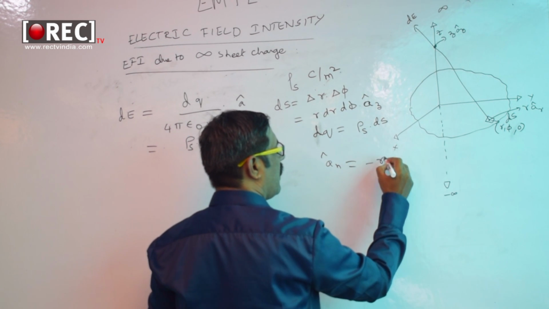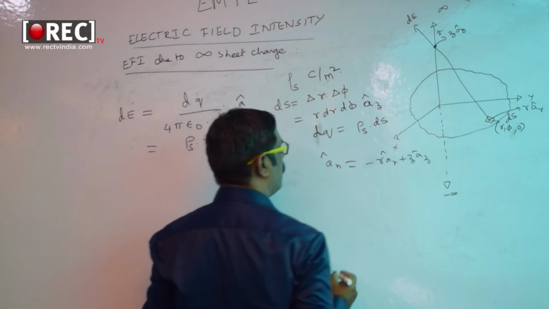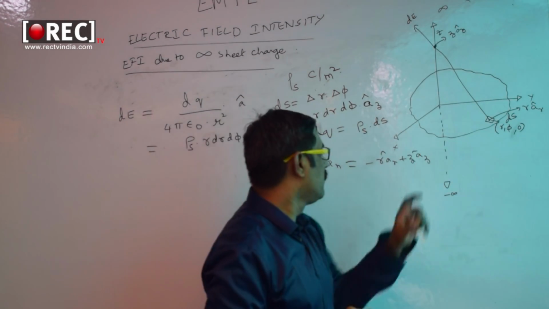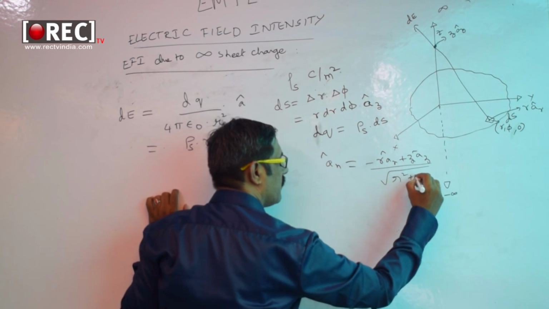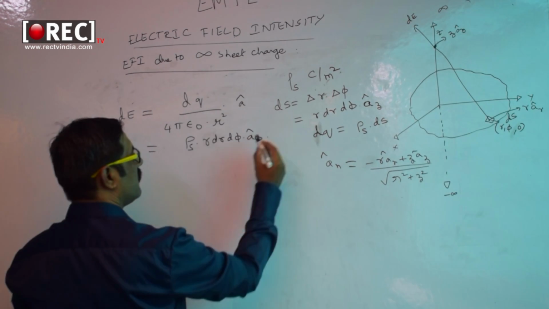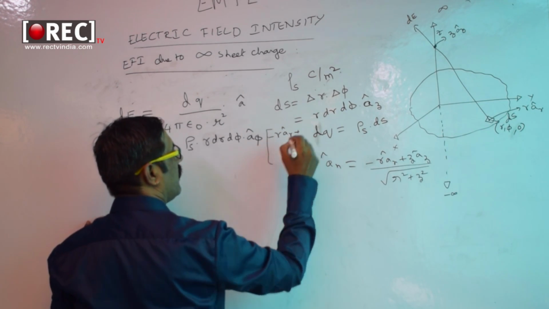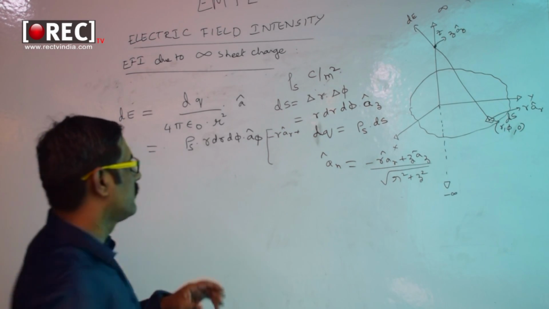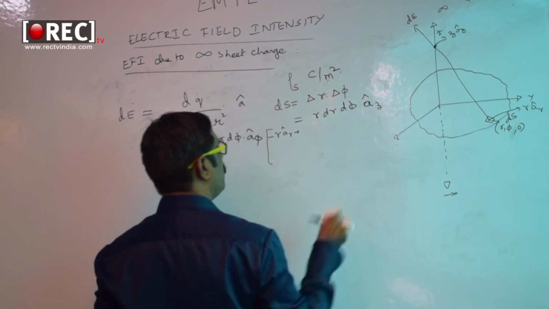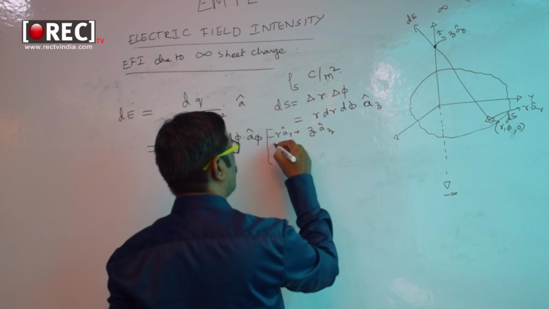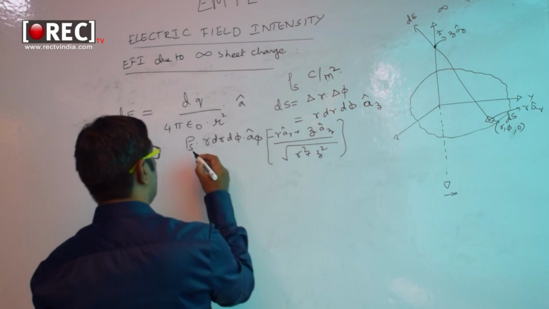So it is minus r ar cap plus z az cap would be the position vector of this line. Now if I want the unit vector, I just divide it by under root of r square plus z square. So if I substitute here, the unit vector is minus r ar cap plus z az cap divided by under root of r square plus z square.